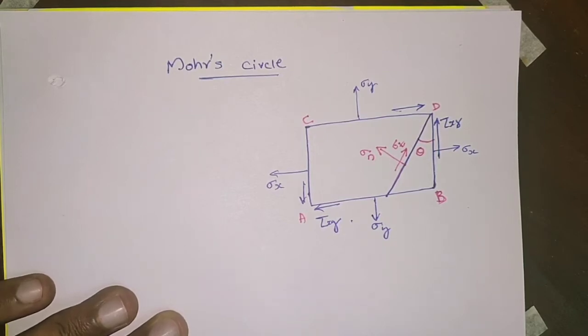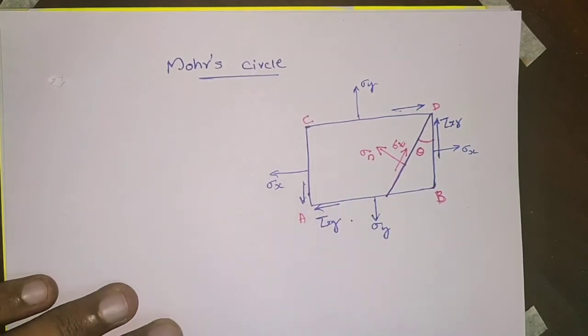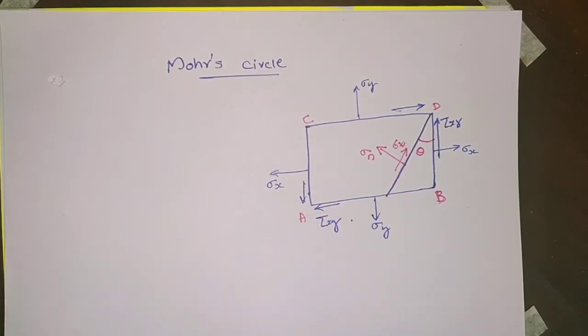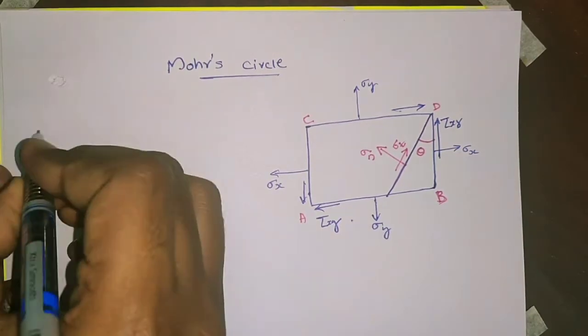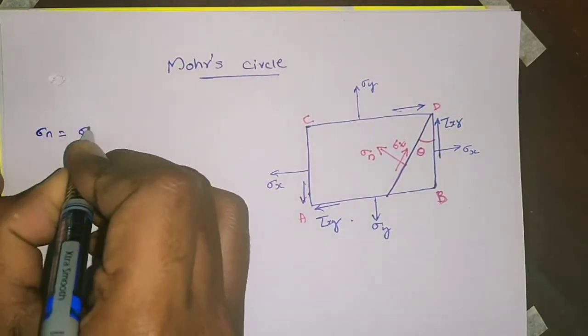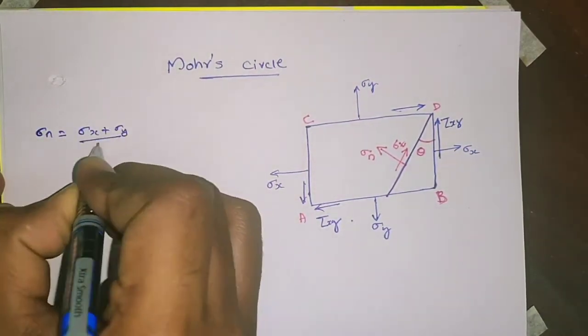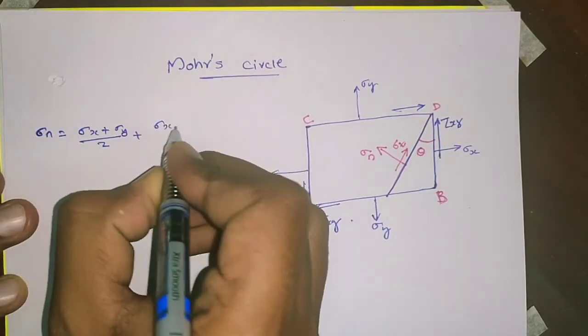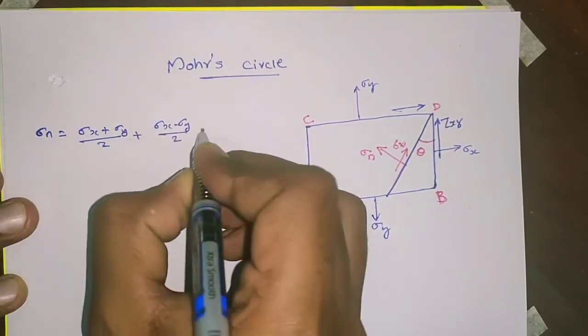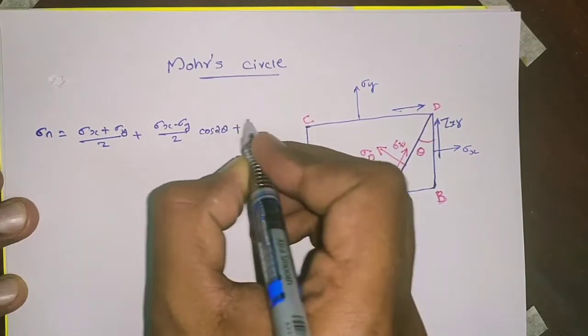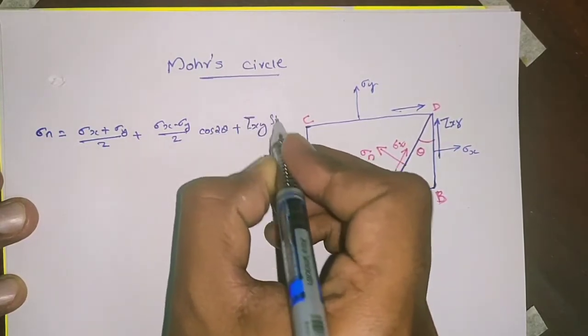So we have formulas for sigma n and sigma t. For calculating sigma n, the formula is sigma n equals sigma x plus sigma y by 2, plus sigma x minus sigma y by 2 into cos 2 theta, plus tau xy into sin 2 theta.